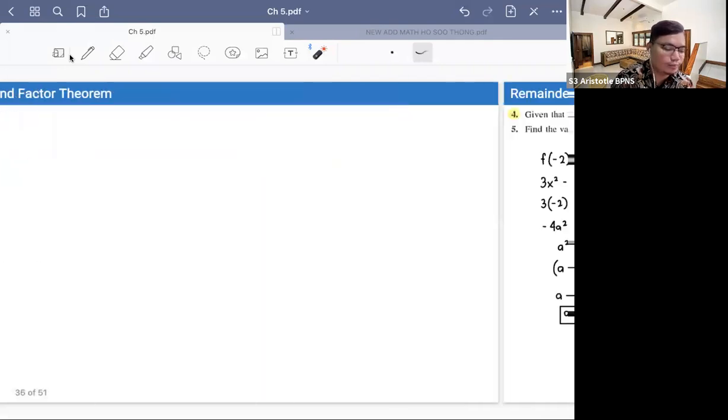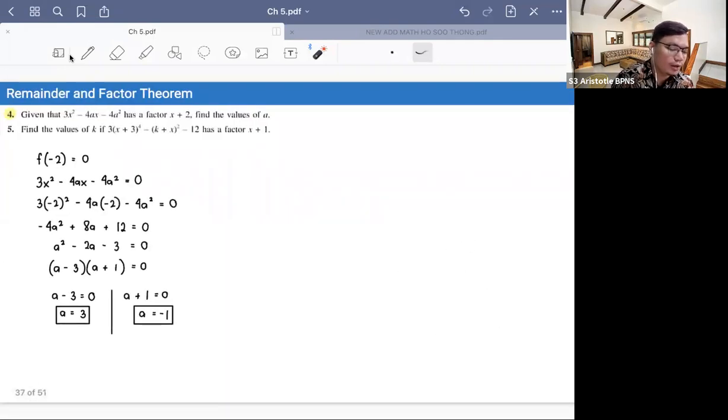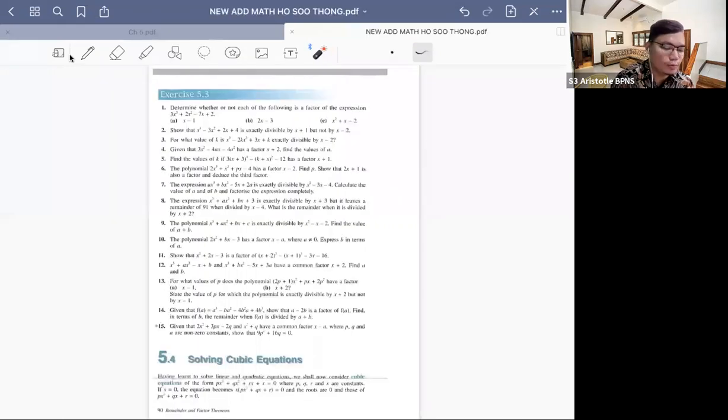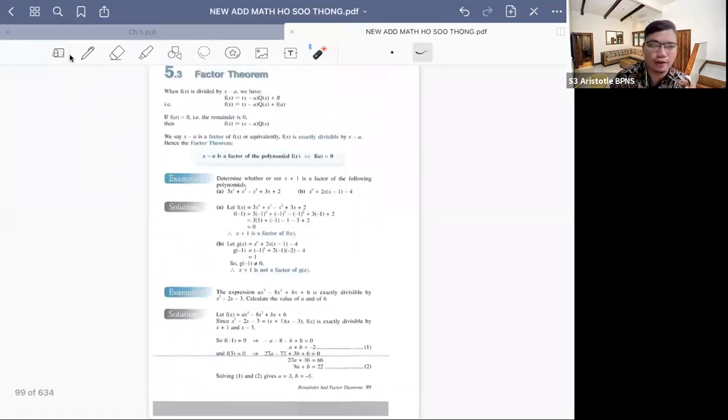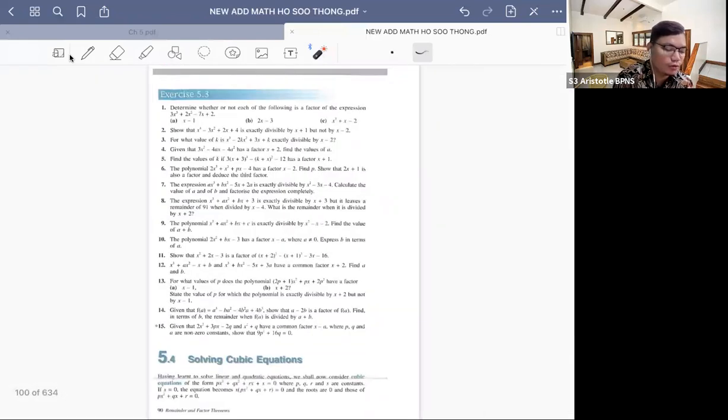In your book, there's not too many examples, right? Only these 2 examples here, and that's it. But before I go to this kind of example, I'll discuss a few more questions from exercise 5.3.